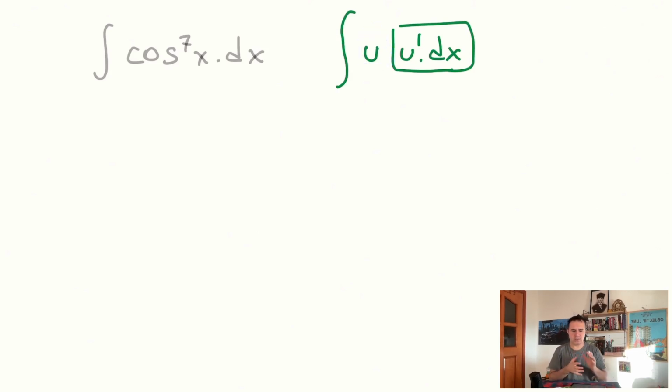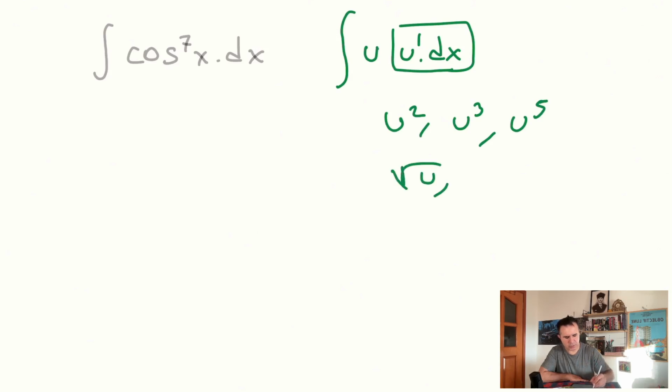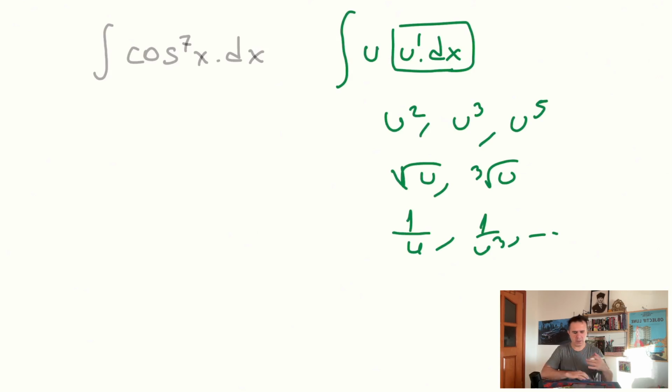It may be raised to a power such as u squared, u cubed, or u to the power of 5, etc. It may be inside a square root or cube root of u, etc. And it may be in the denominator of a rational function such as 1 over u, 1 over u cubed, etc. What truly matters here is that the derivative of that function is multiplied by dx.